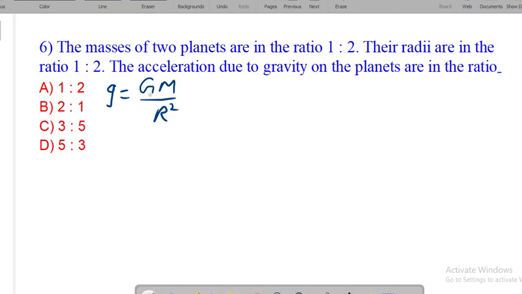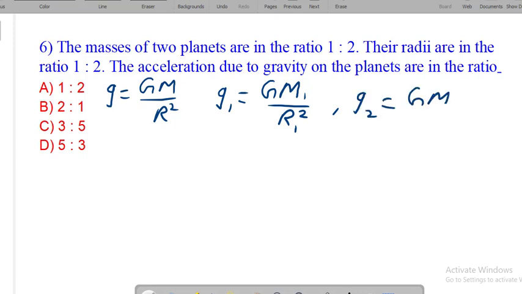Capital G is the gravitational constant, m is the mass of the planet, r is the radius of the planet, and g is the acceleration due to gravity. So first we write g1, it is G m1 upon r1 square, and g2 is G m2 upon r2 square.